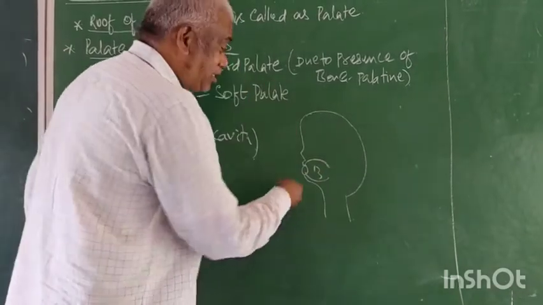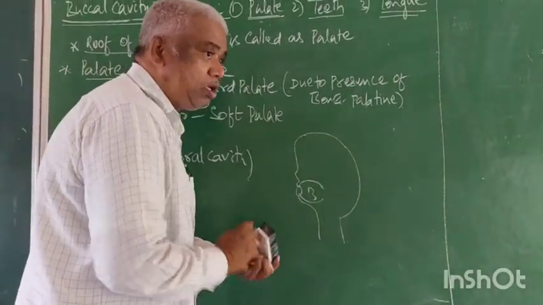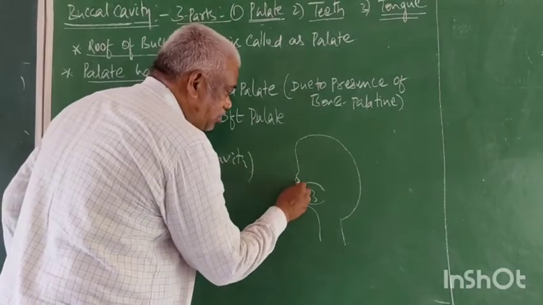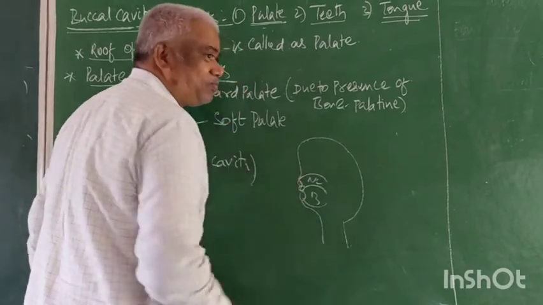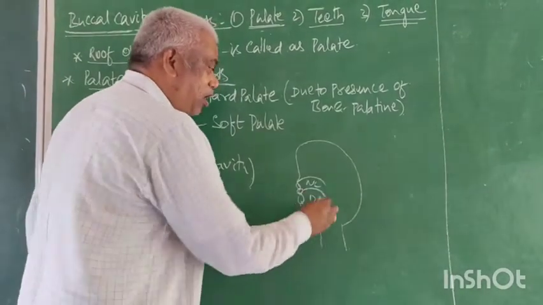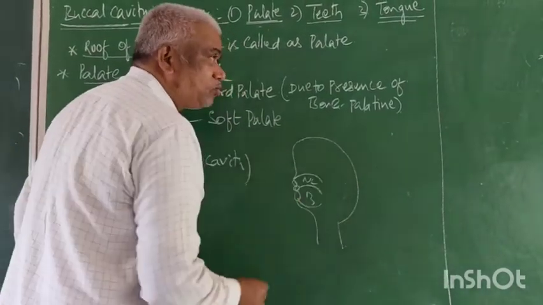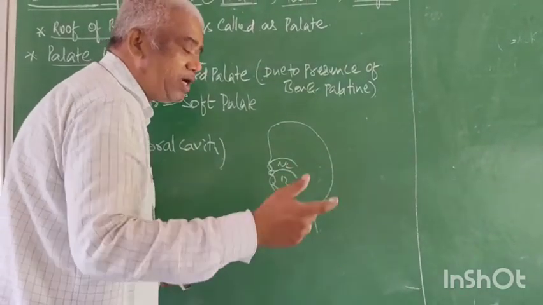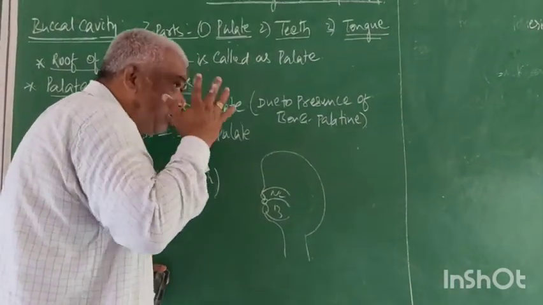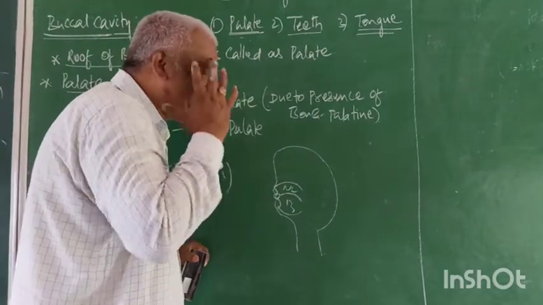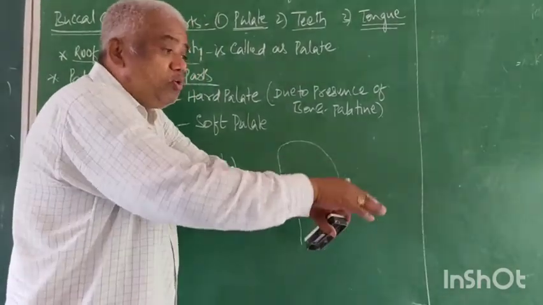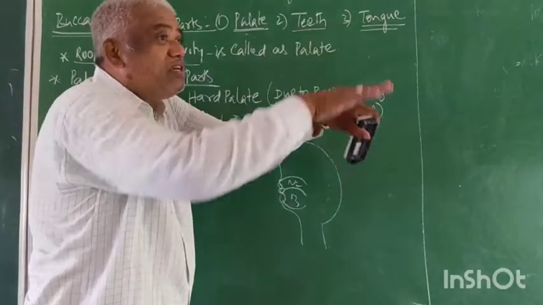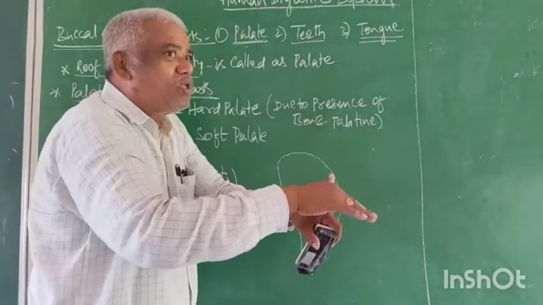Now these are the nostrils, which lead to the nasal cavity. Now what is this total? Head. Catch the point: in the head, two cavities are there, arranged like upstairs, one above the other.